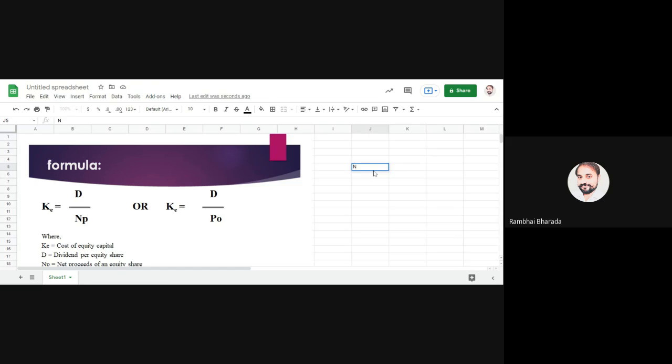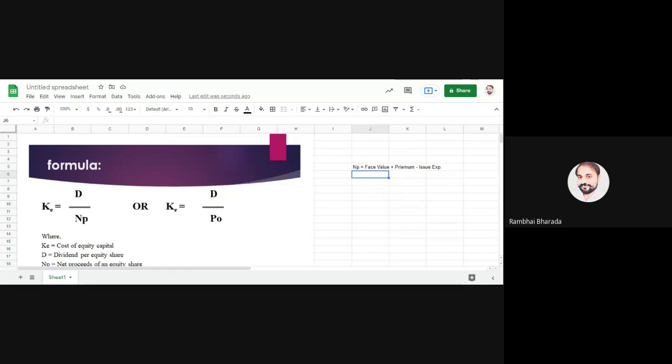NP stands for net proceed, and net proceed NP is equal to face value plus premium, if we have premium, then we need to add the premium, less issue expenses, if any, given to you. NP is equal to face value plus premium minus issue expenses.